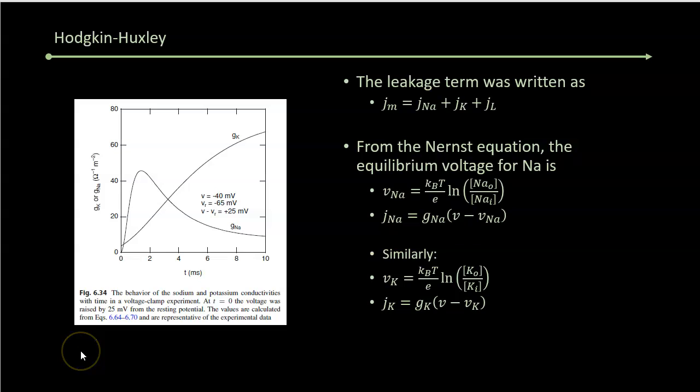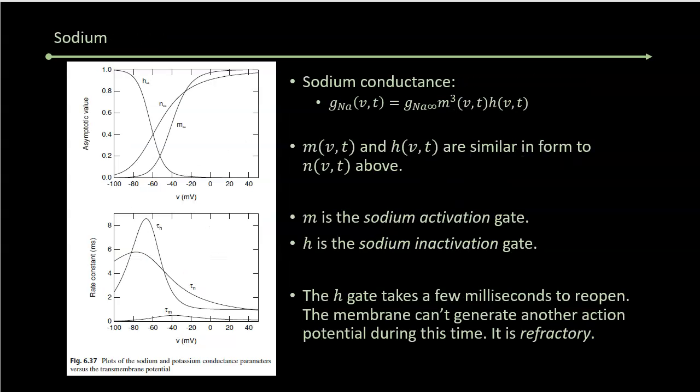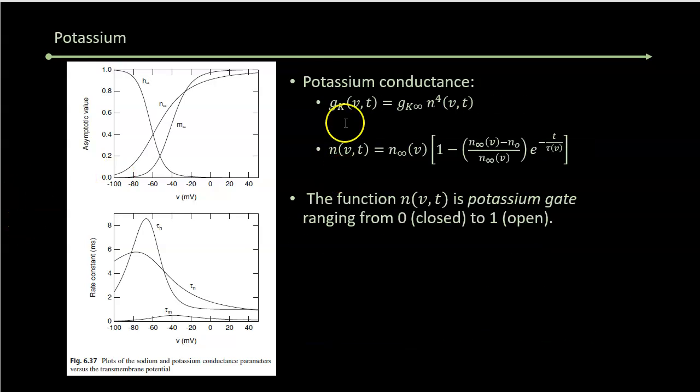They looked at this very carefully, trying to figure out what's going on. Clearly there are two processes going on with sodium, and there appears to be only one with potassium. So they modeled potassium first, and they got a good fit. This function is the solution to a differential equation, which you can only solve using computers.